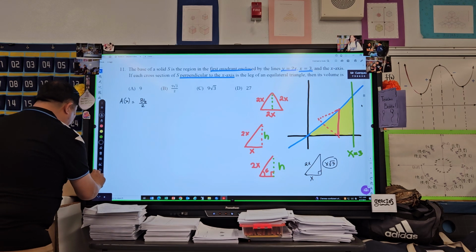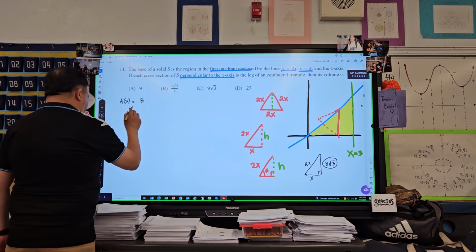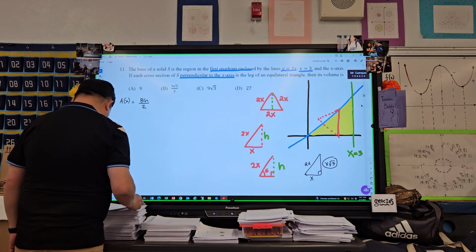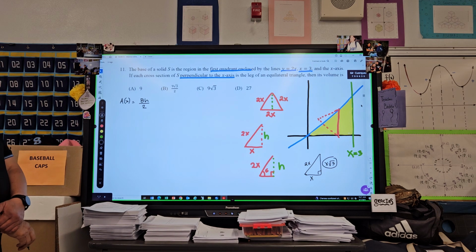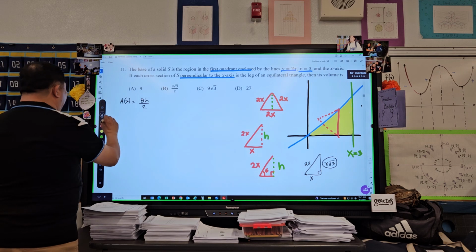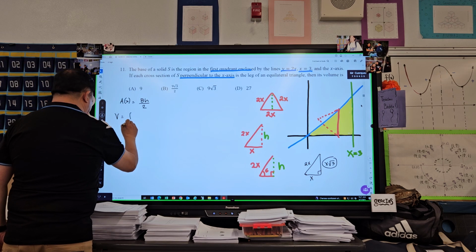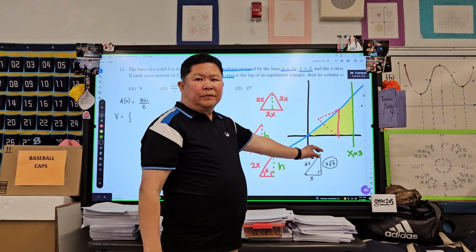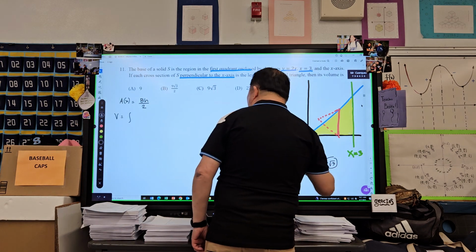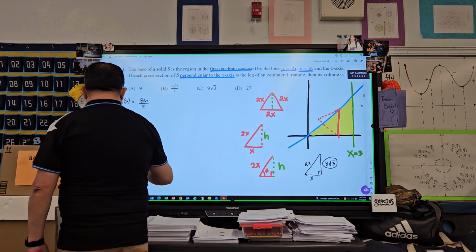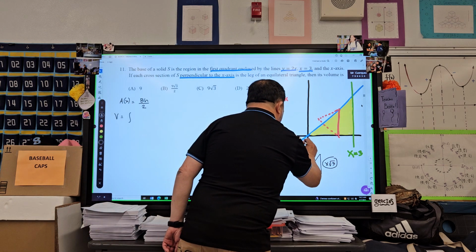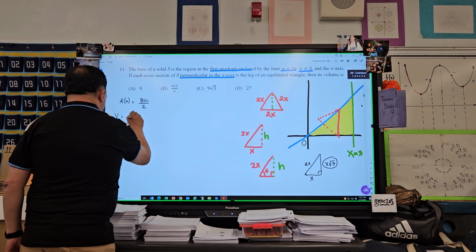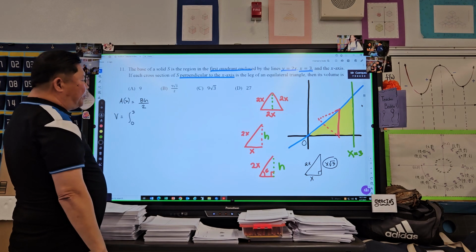This is h, not b, because this looks like b. So can we now plug in? So write down volume. What is our limit for volume? From 0 to 3. And then, what is our base now?